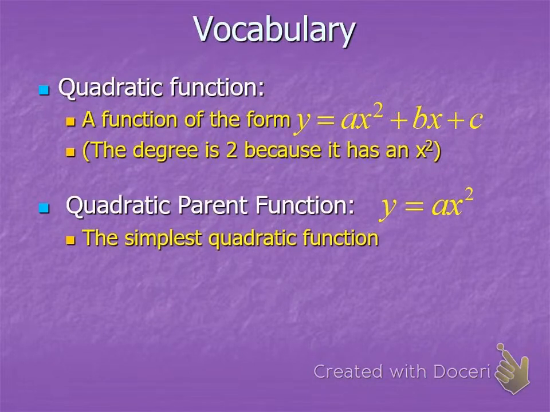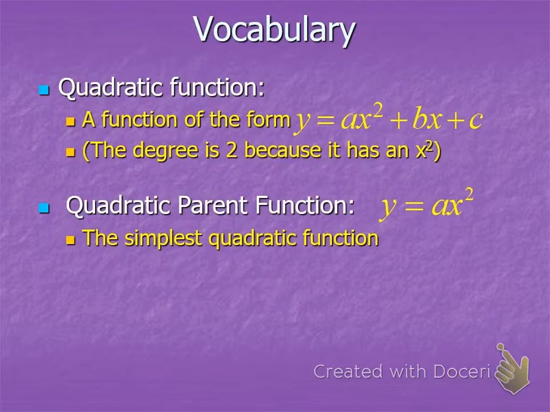Now, every function family has a parent function. Linear functions, quadratic functions, square root functions, exponential functions. These are functions you'll talk about in Algebra 2. But they all have parent functions. And a parent function is the simplest version of that function. And this is it right here.